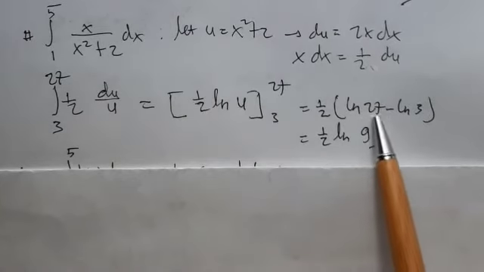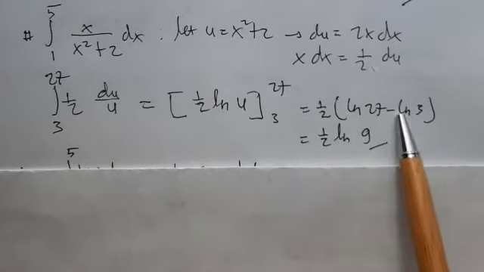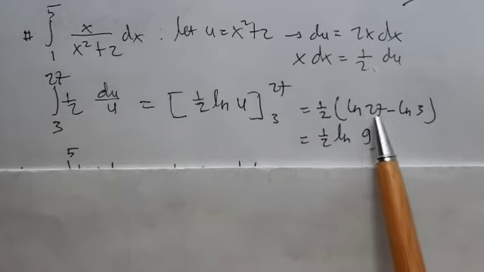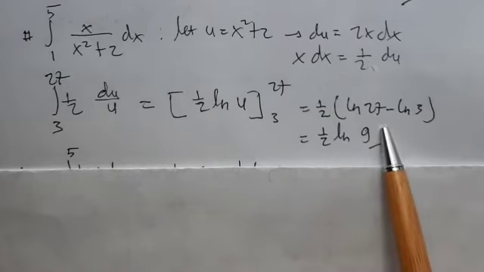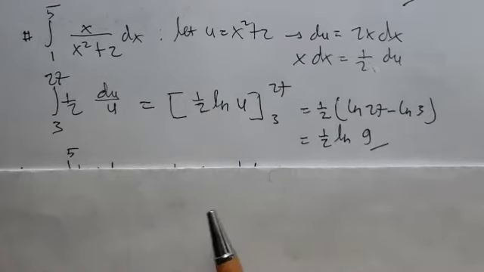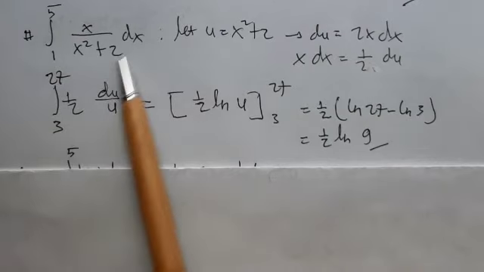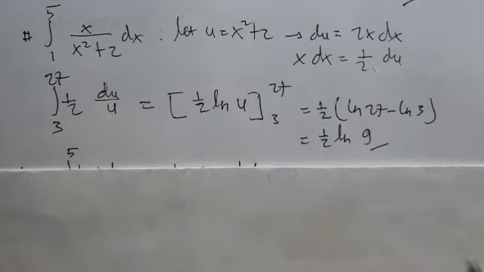Now ln 27 minus ln 3 equals ln of 27 over 3, or ln 9. Thus the value of the second part is half ln 9.